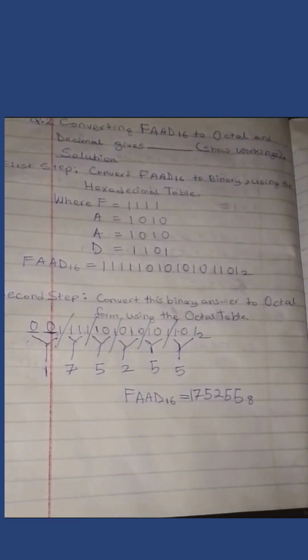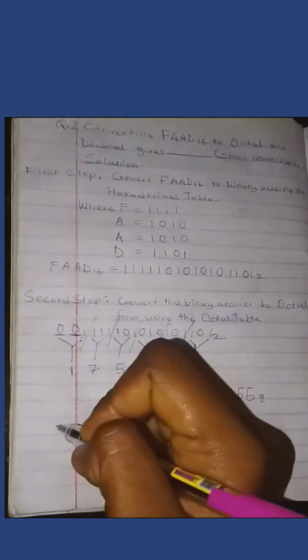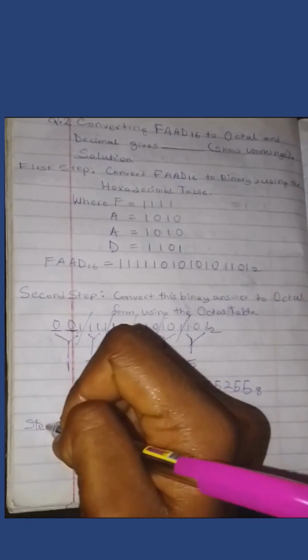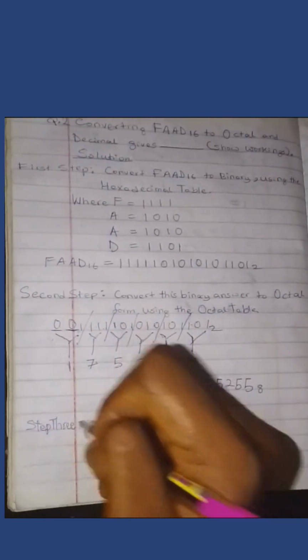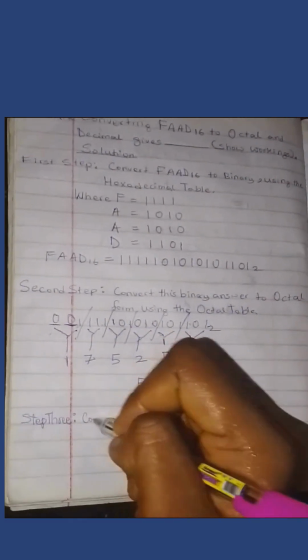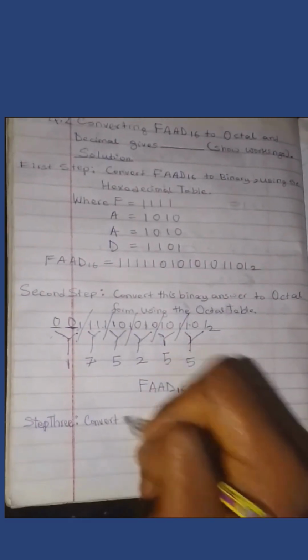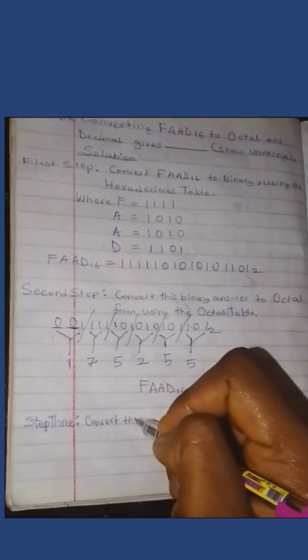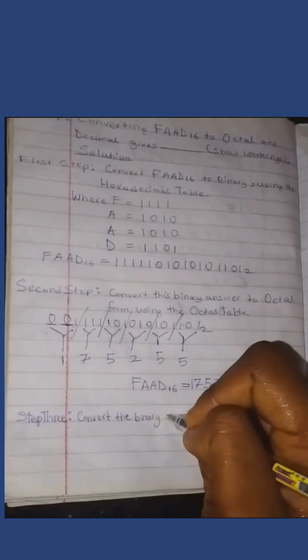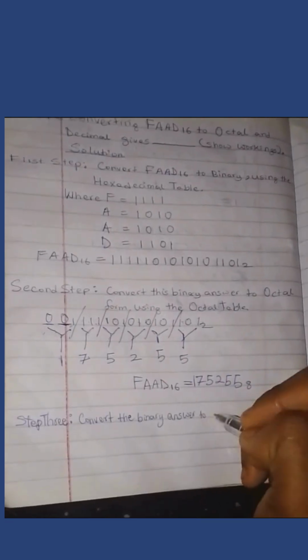Okay, perfect. Now step 3. Or third step, or we can simply write step 3. We have to convert the binary answer to decimal.